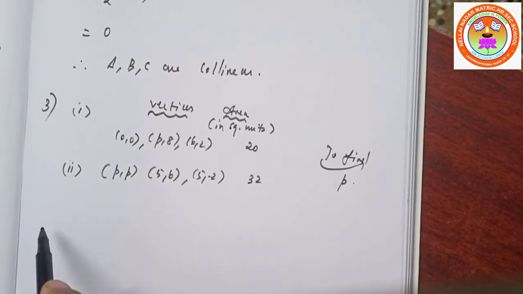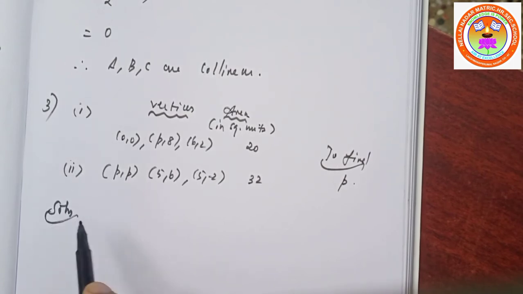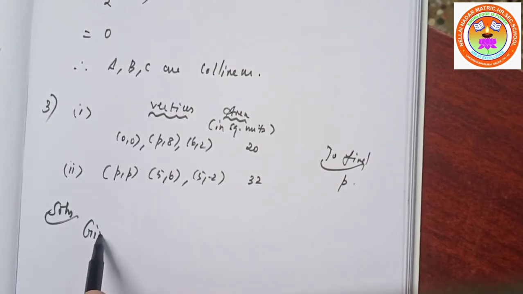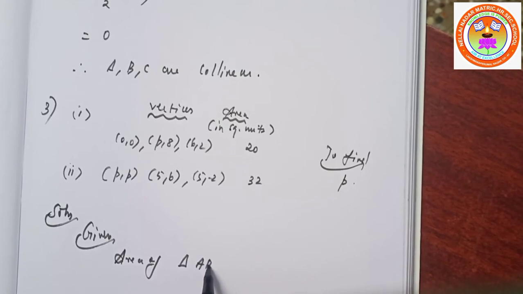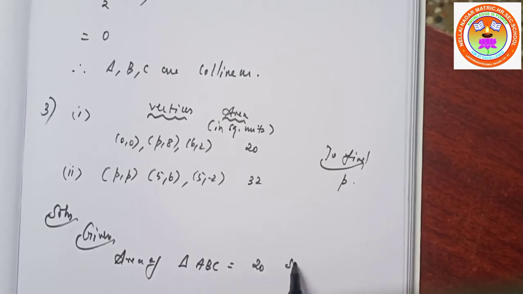Question number 3, subdivision number 1. Given area of triangle ABC, that is 20 square units.